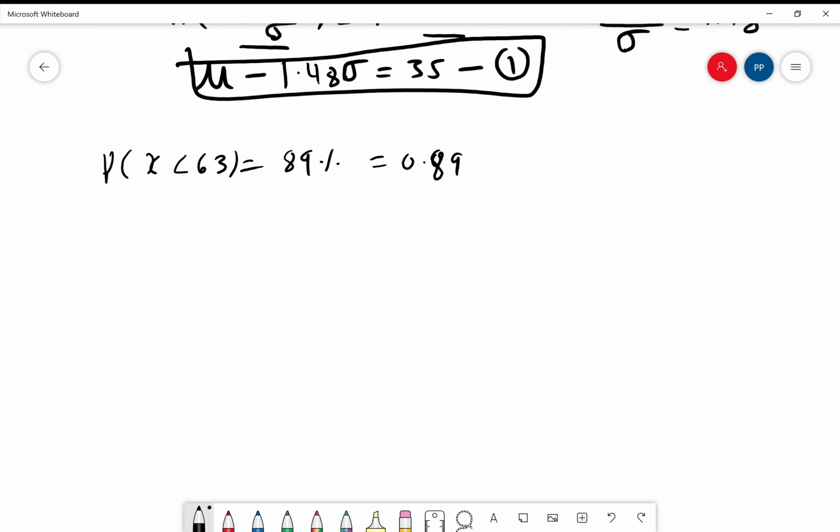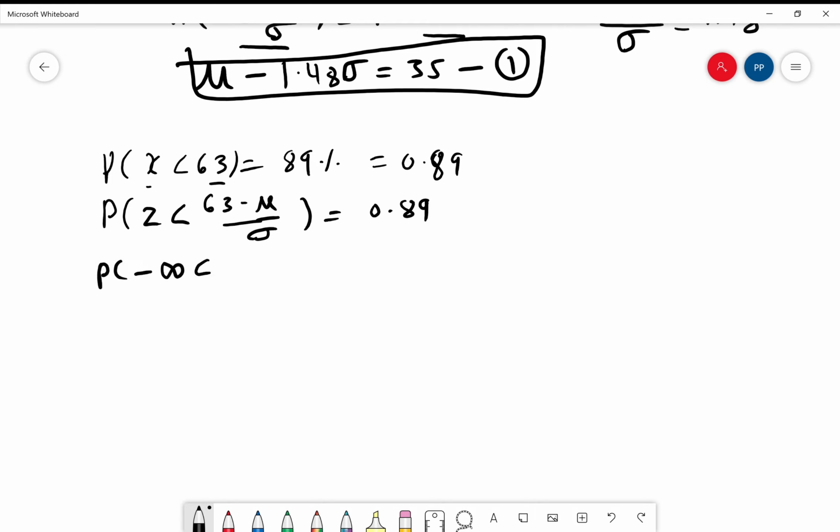Okay. Now for X equals 63, that becomes (63 minus mu) by sigma. Therefore, this is given as P of Z less than (63 minus mu) by sigma, which equals 0.89. That is, probability of minus infinity less than Z less than (63 minus mu) by sigma equals 0.89.